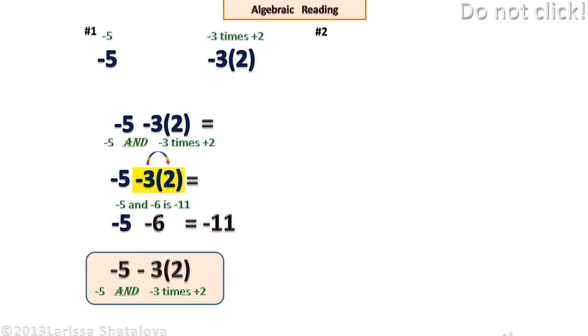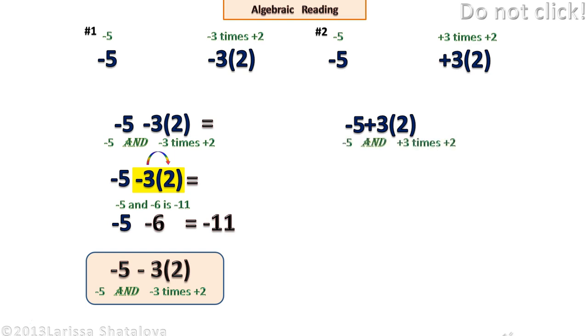Second example. If you have one piece, just the number negative 5, and the second piece is positive 3 times positive 2. If we combine these two pieces together, now we have negative 5 and positive 3 times 2. We can simplify because now multiplication is first.